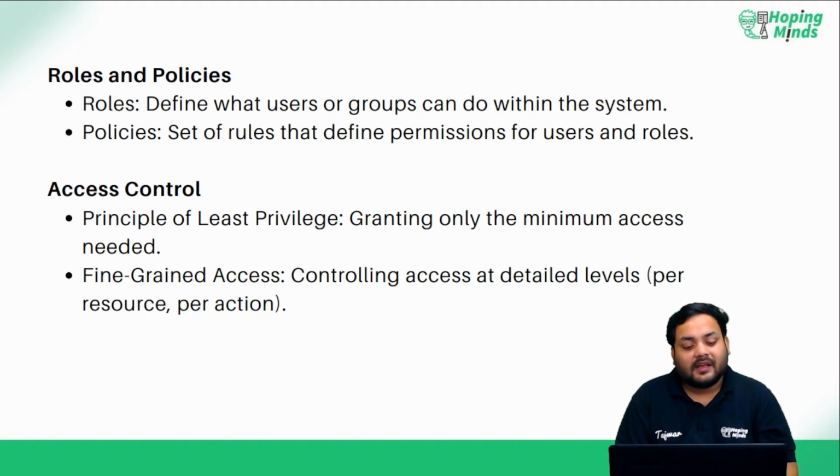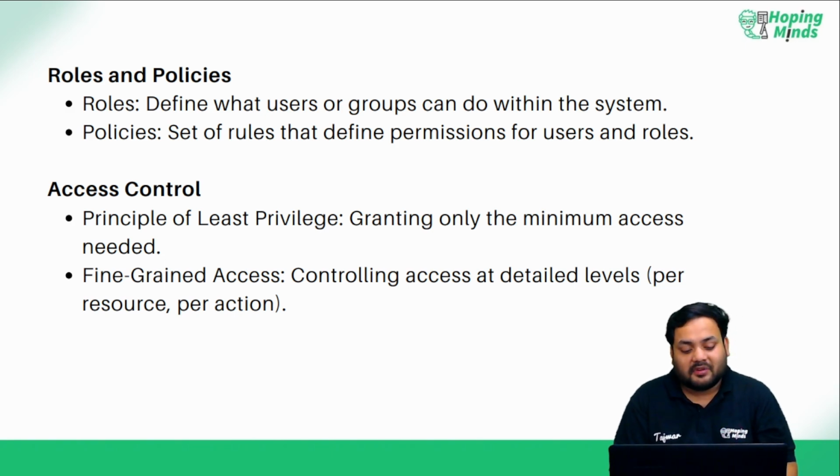Apart from that, we have access control. The principle of least privilege means we grant only the minimal access needed. If someone comes to us, according to their role or their job description in the company, we can assign the role. It totally depends on us how much access we want to give them to the resources.